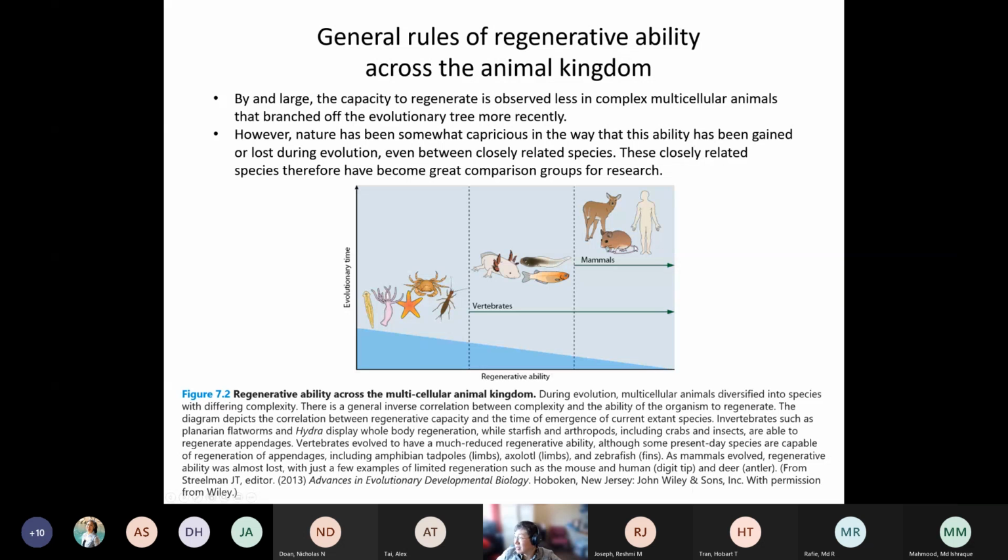But once you move on to higher vertebrates, like humans and mouse, rodents, and that deer, the regeneration power has reduced dramatically. For us, for example, maybe we can regenerate our skin. Like if you have some part of the skin, I would say maybe the superficial layer.